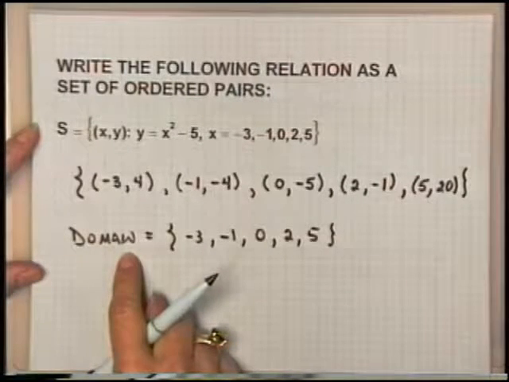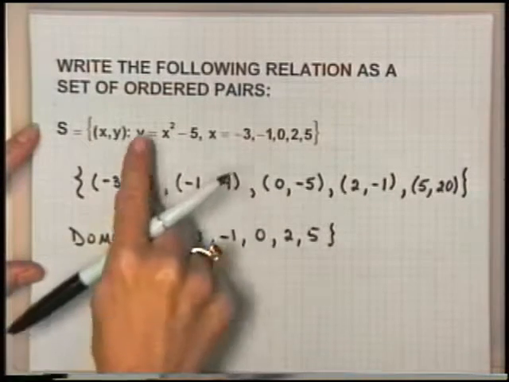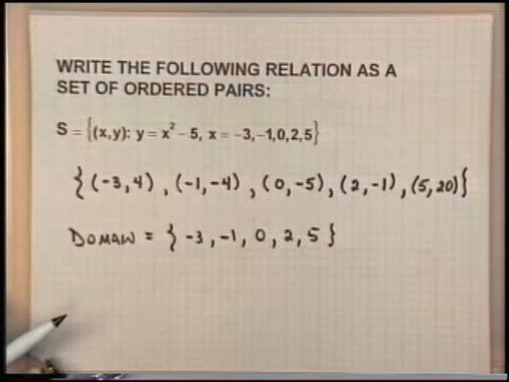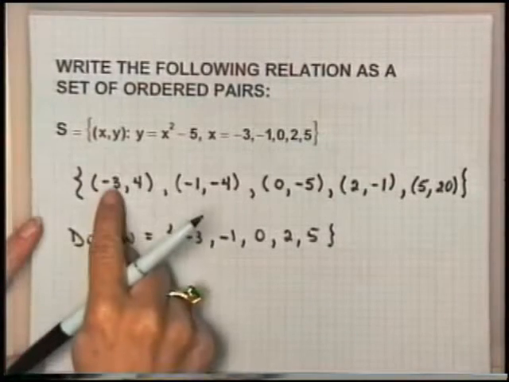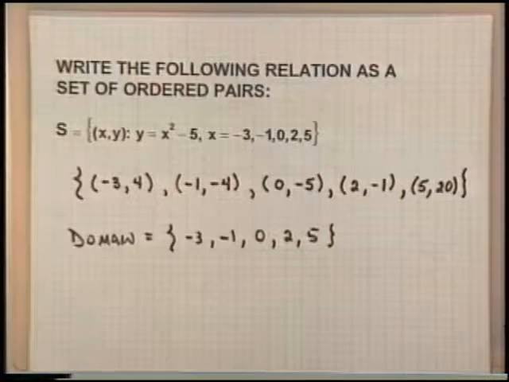Keep in mind, however, that we do not have to use the letters x and y. So if we were using different letters, we would not want to say that the domain is the x numbers, but rather the first coordinates as was given in the definition.